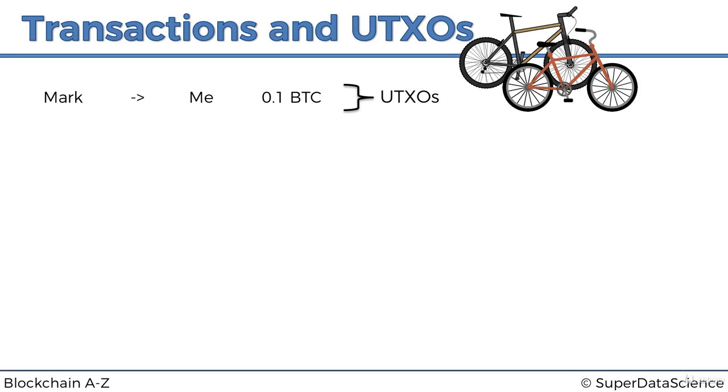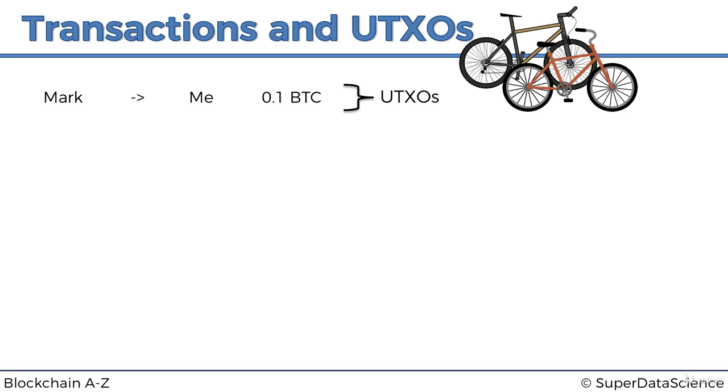All of those things will go into the blockchain, but once you go through the blockchain, you'll see that they've all canceled each other out, or fed into each other in a way. The result for me is that I only have one UTXO left, 0.1 BTC. And that is considered my balance. There is no balance, but you can think of it as a balance, but it's actually a UTXO.